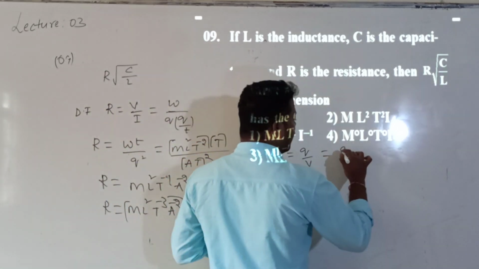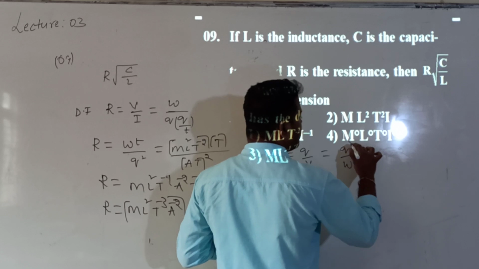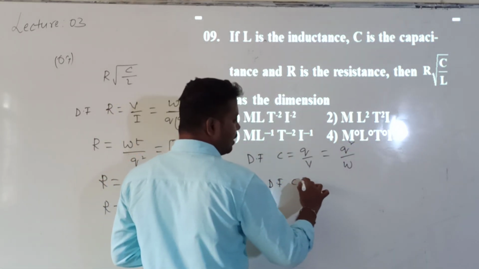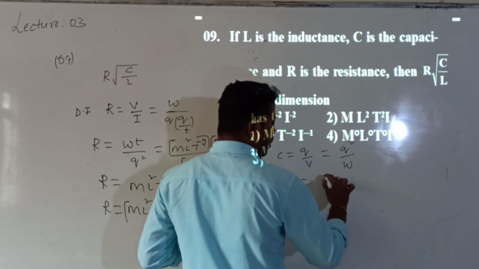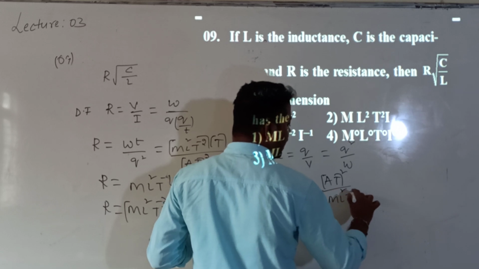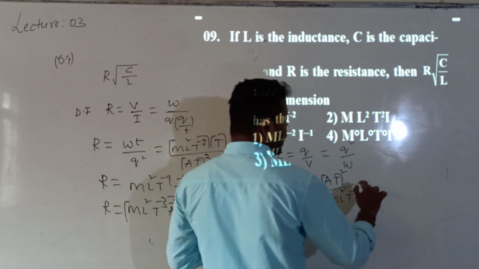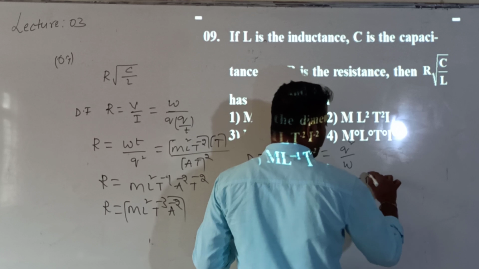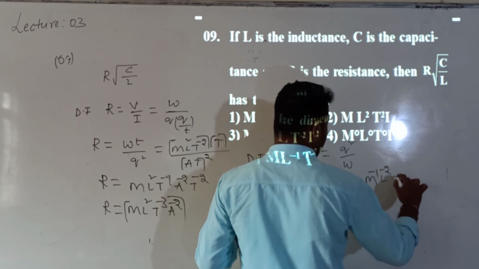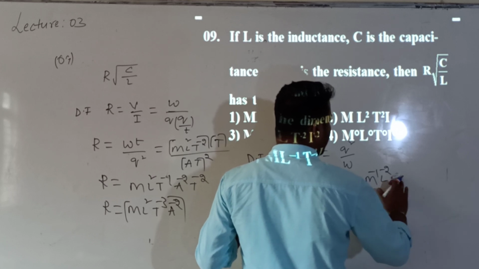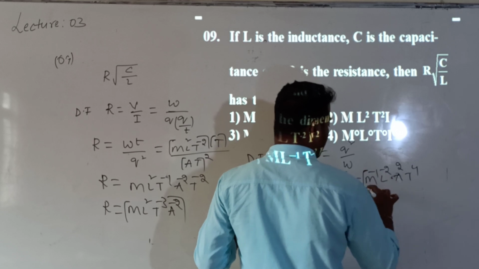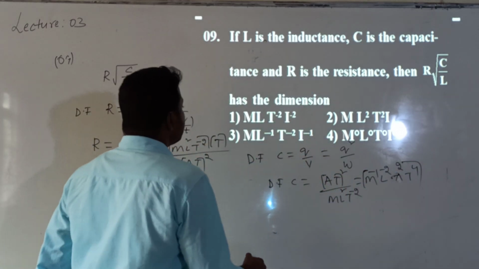V can be written as W by Q, so C is Q square by W. So the dimensional formula of C is given by A T whole square by M L square T power minus 2. So the answer is M power minus 1, L power minus 2, T power plus 4 and A power plus 2. This is the dimensional formula.